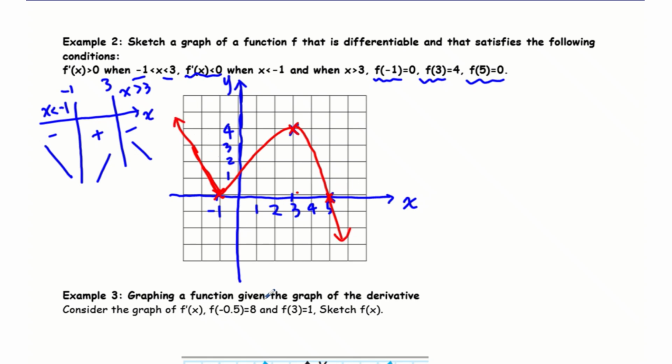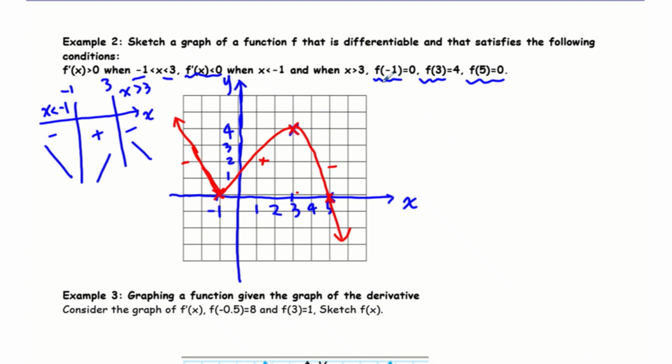So it's some graph like this. The slope negative is right, slope positive is right, slope negative is right, and the 3 points are given. So we have used all these 6 conditions.